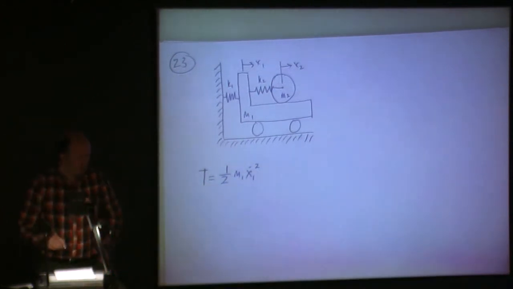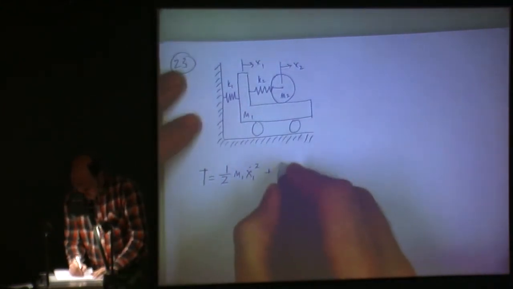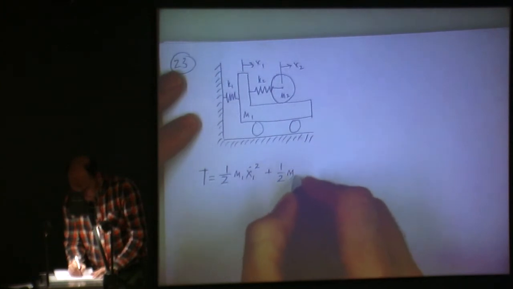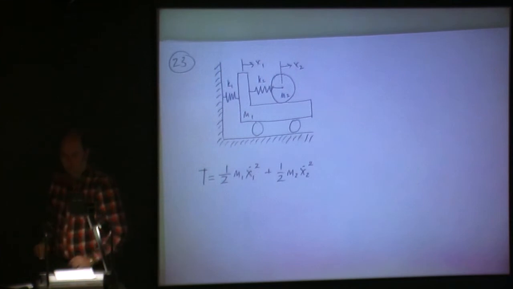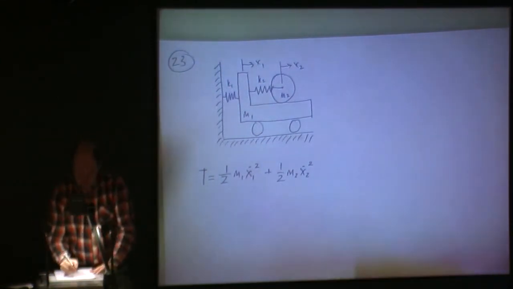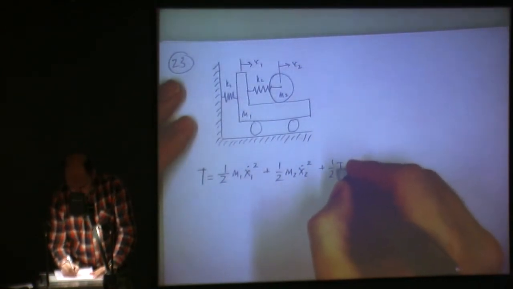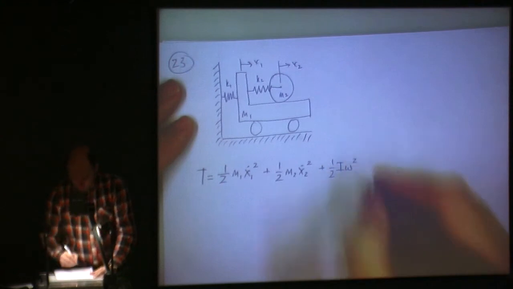So that's the translational motion of the cart. Then we've got translational motion of the cylinder. But as the cylinder moves, it's also rotating, so we must also include 1/2 I omega squared.